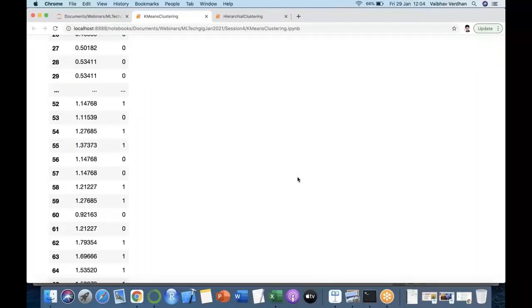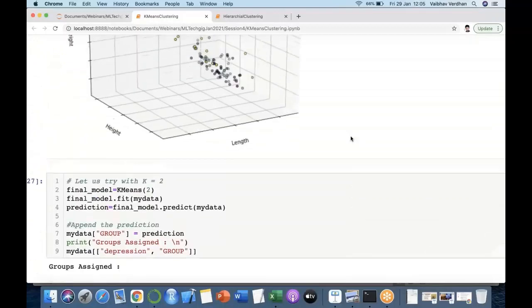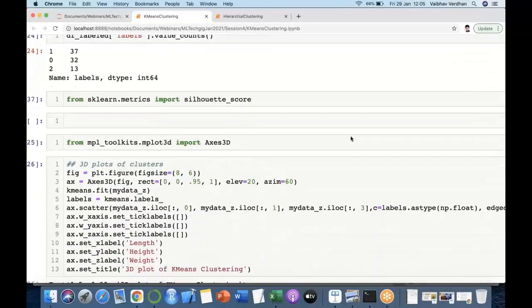The idea is that observations in one cluster should be closest to each other, and they should be farthest from the other clusters. Silhouette score measures that for you. I do not have the implementation of Silhouette scores in this notebook, but I will complete it and upload it to GitHub again. That being said, I have completed the entire K-means clustering over here, so you can use that.